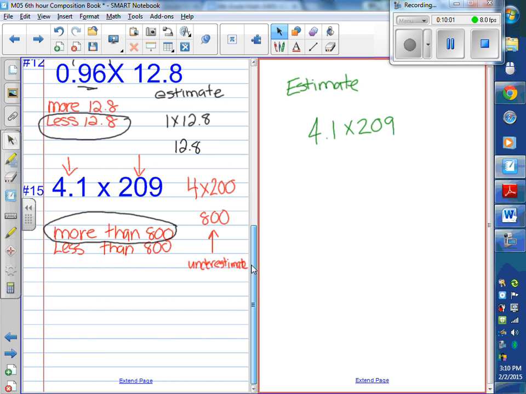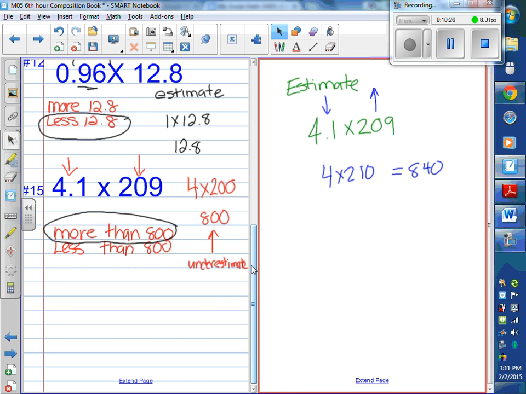If I just said give me an estimate, then you could say, well, that's about 4 times 210, that's my estimate, I'm pretty good at multiplication. My estimate's 840. That's an estimate. Nothing wrong with that. But what you did here was you rounded the 4 down and you rounded the 209 up.